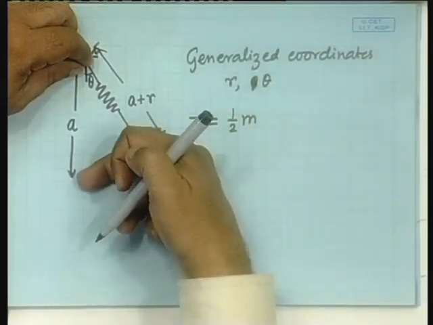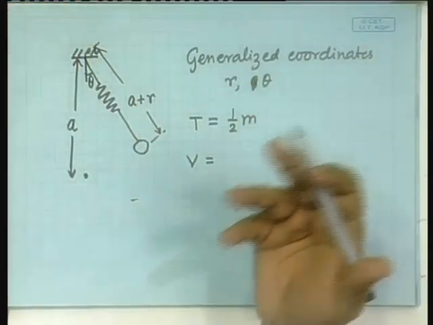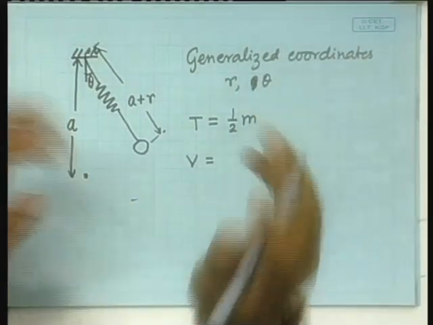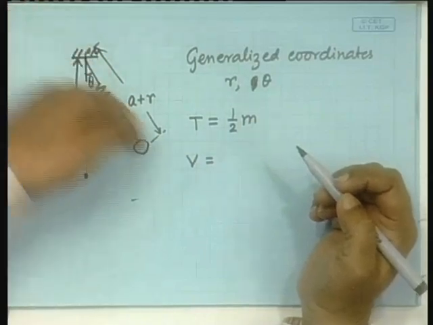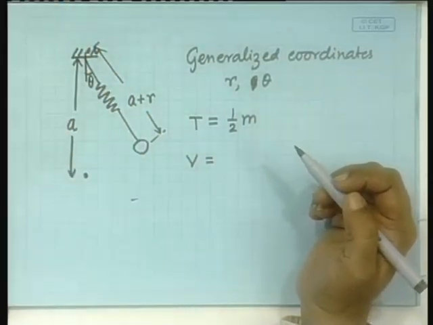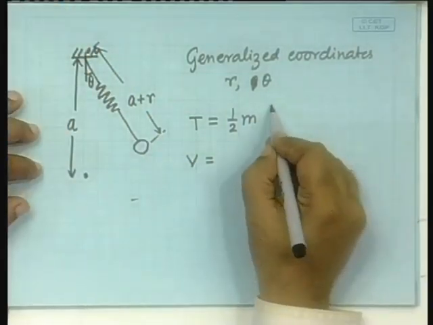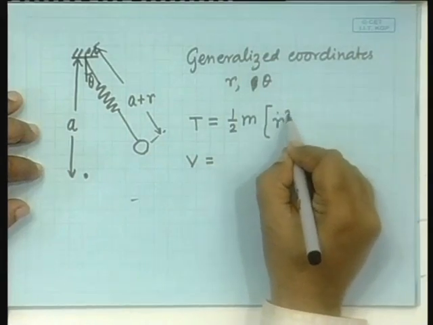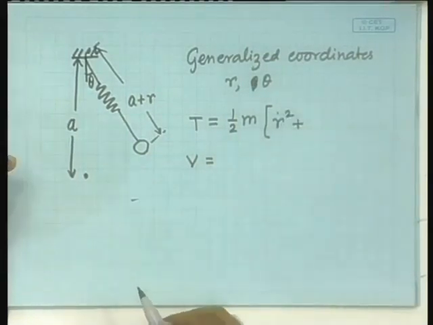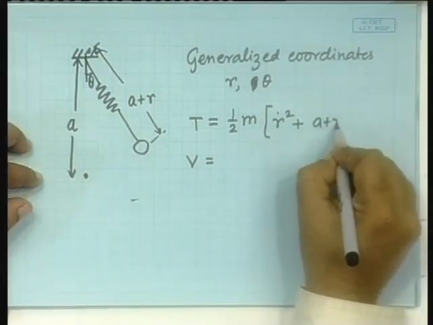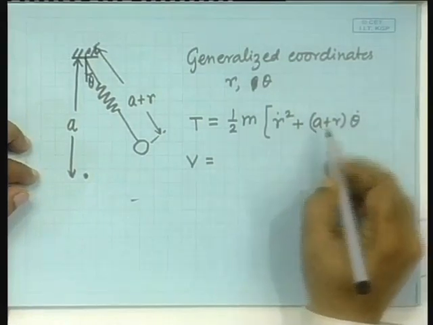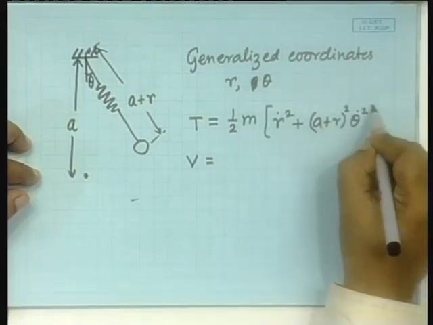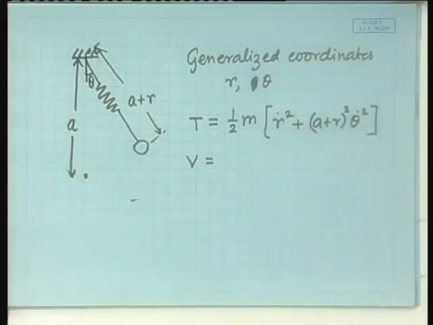So if you can identify these two, then it will be simply this square plus that square. So in the radial direction the velocity is r dot, yes. So it is r dot square plus, yes, a plus r theta dot whole square of this. So both these have the squares. Done.